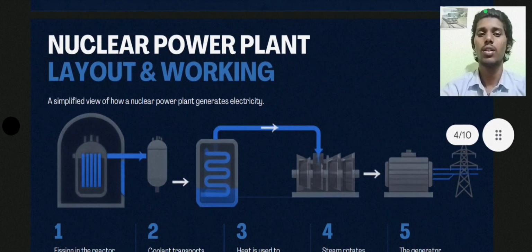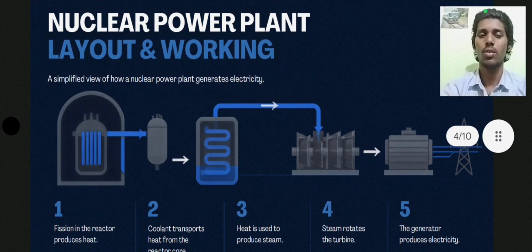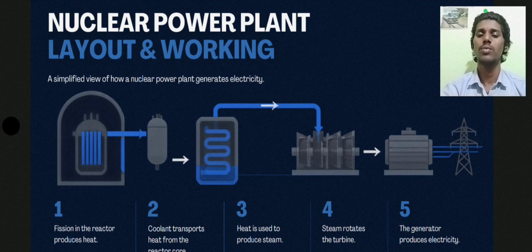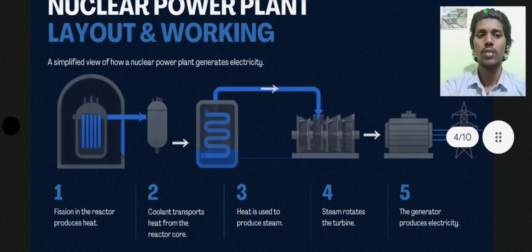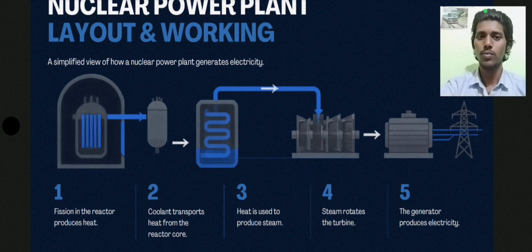Then we see the layout and working of a nuclear power plant. We can understand it in five steps. In the first step, nuclear fission takes place in the reactor. In step two, the heat generated is transferred to the steam system.